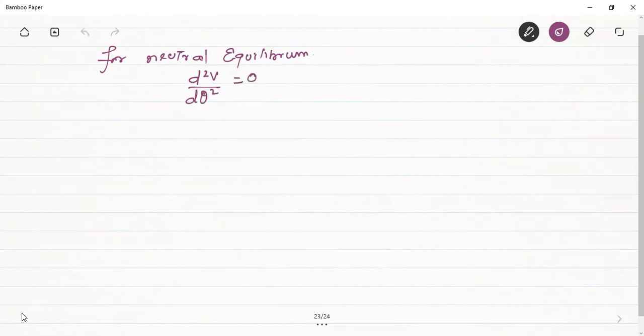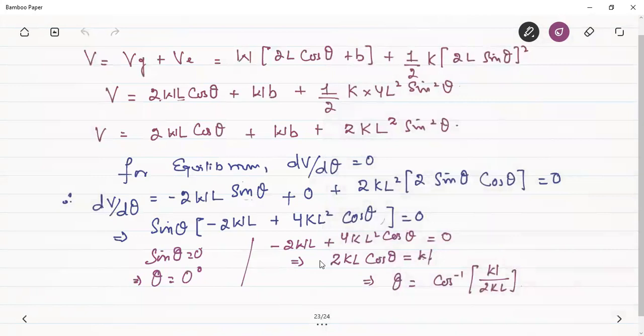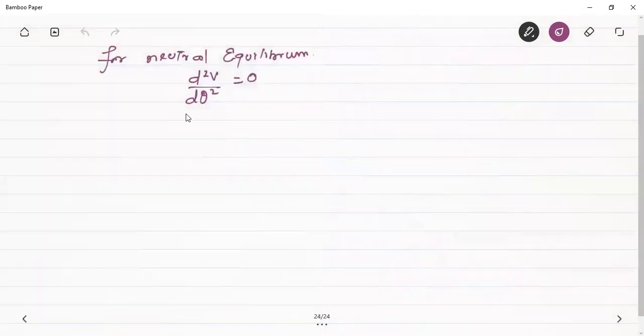So if we compute the second derivative of this potential function, I can write this potential function again. It is equal to minus 2wl sine theta. First of all, I will write dv by d theta again. It's equal to minus 2wl sine theta, okay?